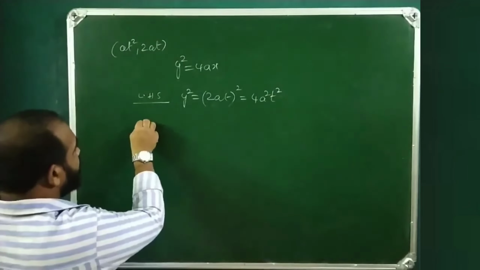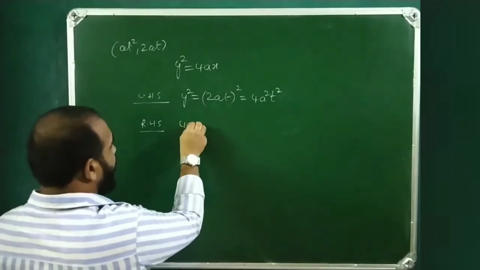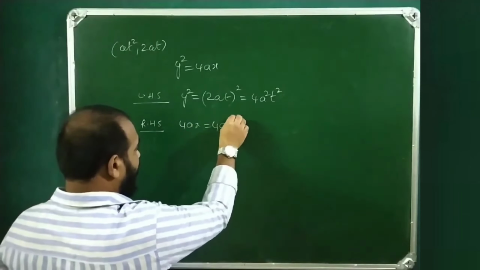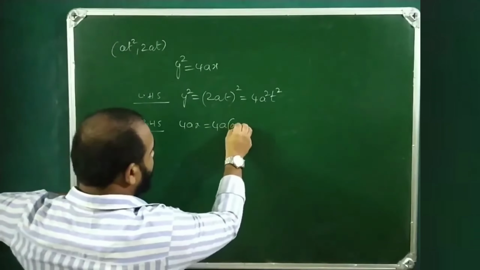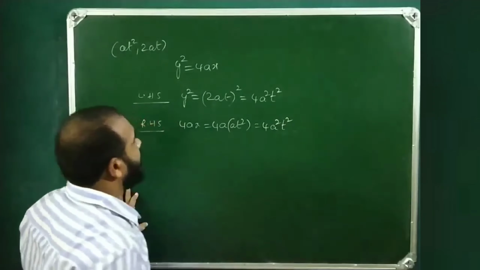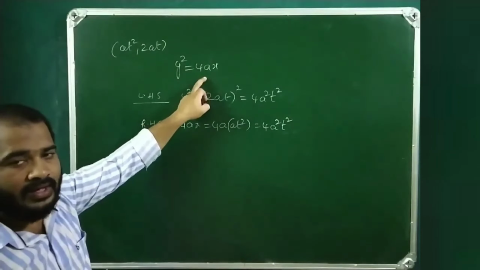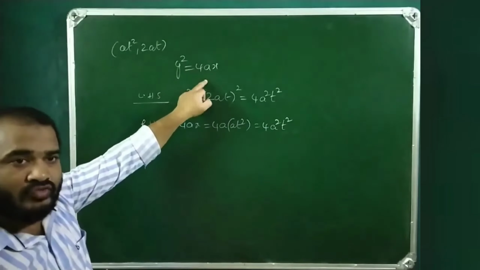And RHS: 4ax is equal to 4a into at square, so 4a square t square. Therefore, this point, when we substitute in this parabola, gets satisfied.